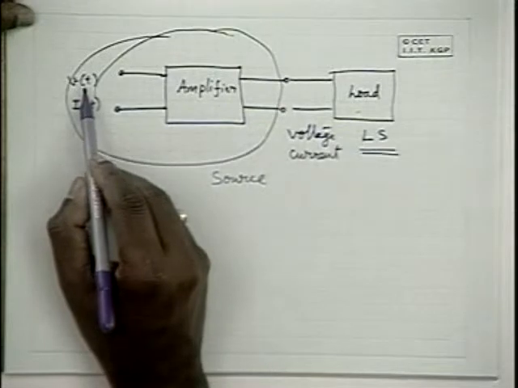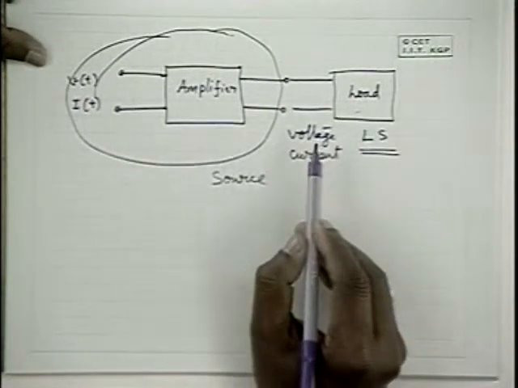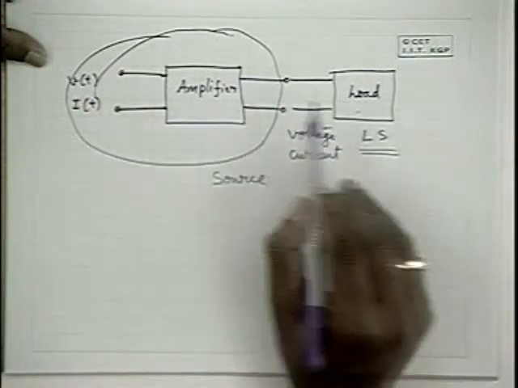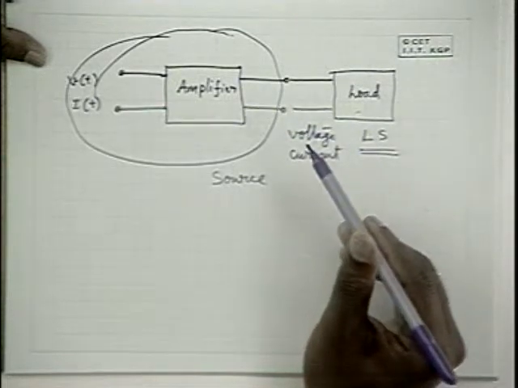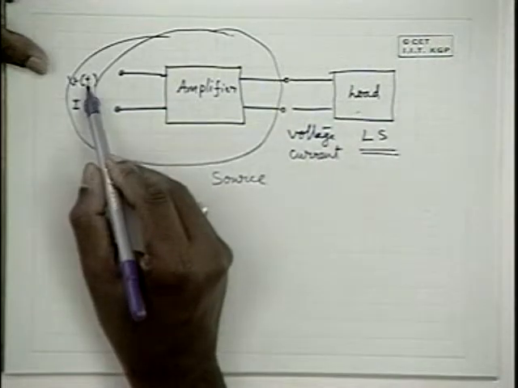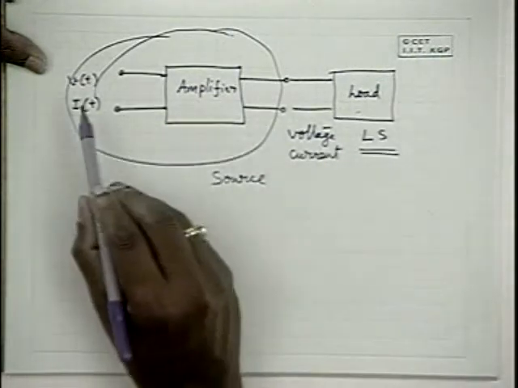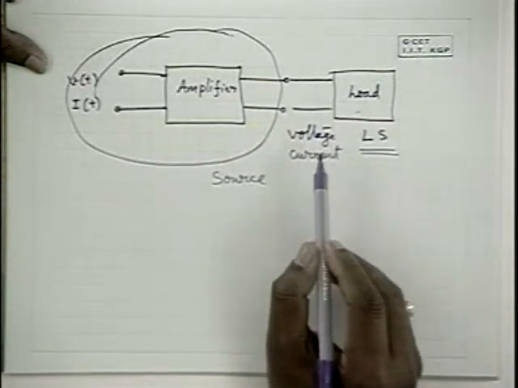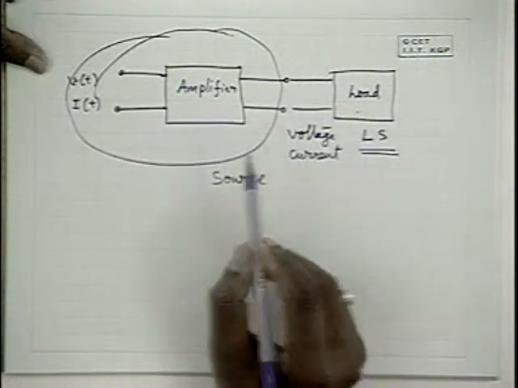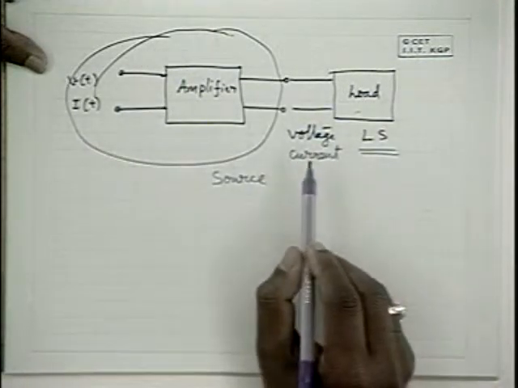Sometimes the input signal may be voltage and output signal may be voltage, in which case the amplifier is known as a voltage amplifier. And if the input signal is a voltage and output signal is a current, the amplifier is known as a transconductance amplifier, because input is voltage and output is current.